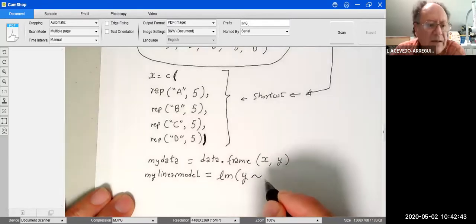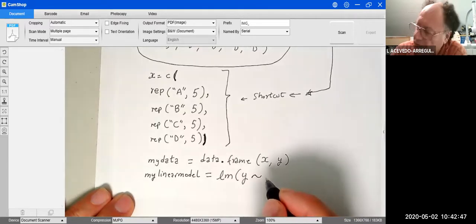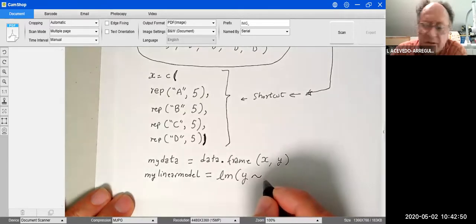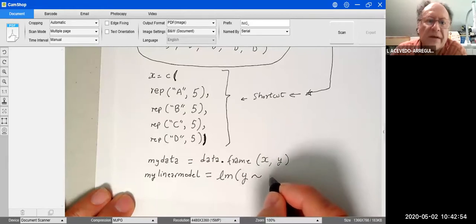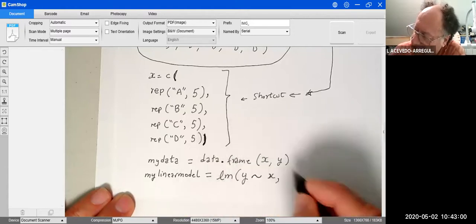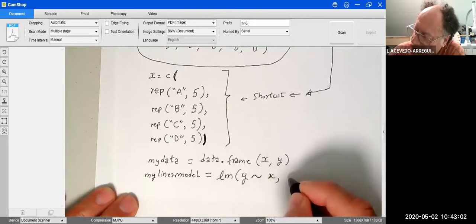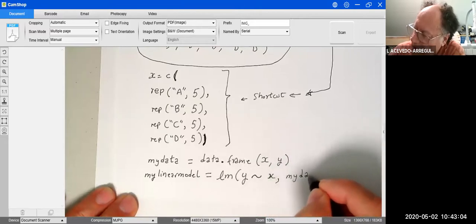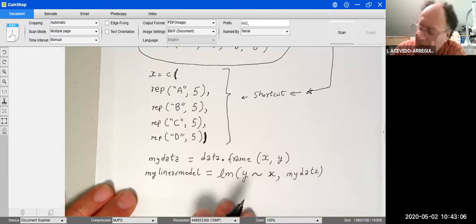So tilde is in your keyboard usually to the left of the number 1. You need to use the shift key to get tilde, and then you just write here X, then a comma, and then you're going to give the name of your data frame that is containing this information, which is my data.